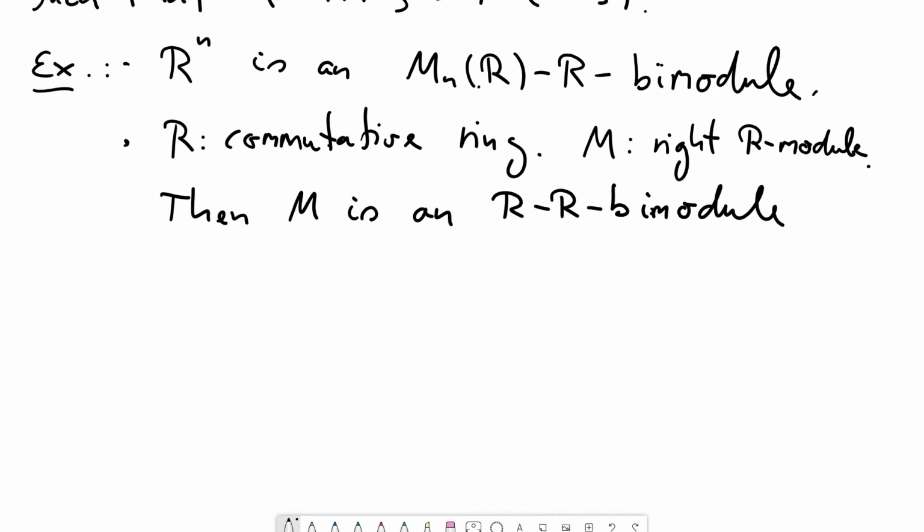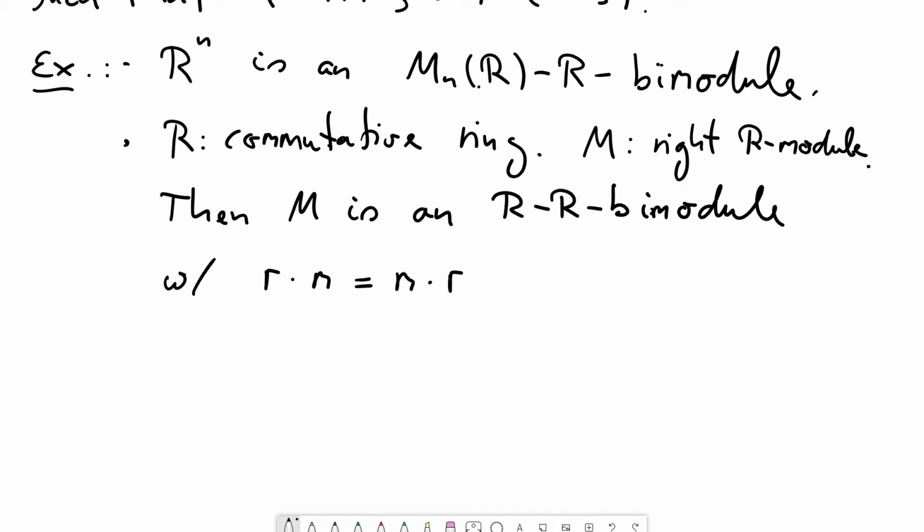Namely, I have already available the right action with elements of R, so I need to define what the left multiplication is, and I just define it as follows: I multiply an element m from the left with r, just by saying that's the same thing as if I had multiplied with this element from the right.